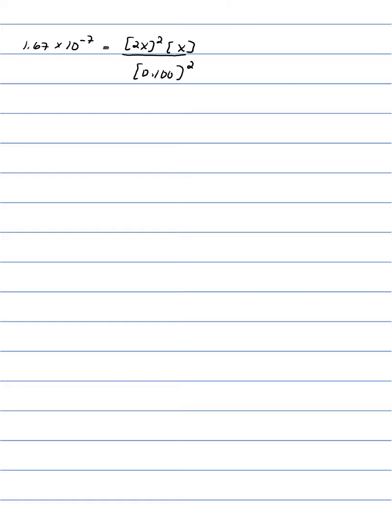So we can work this problem to solve for x. You're trying to solve for x because you want to know the concentration at equilibrium for H2. The concentration at equilibrium for H2 is 2x, so you need a numerical value of x to calculate it.